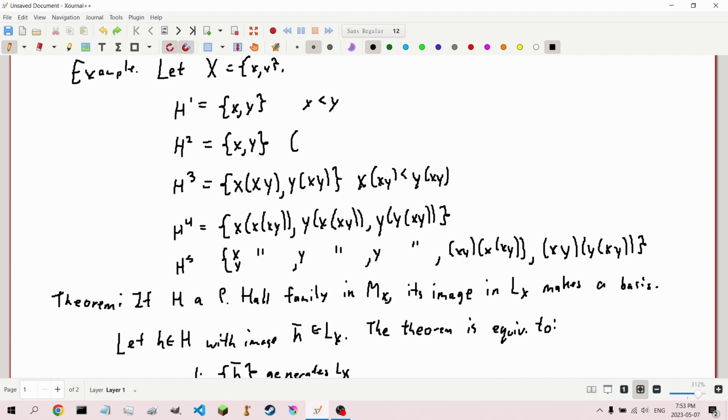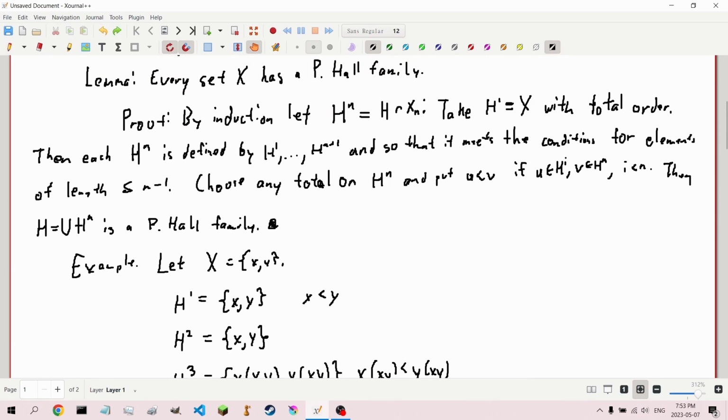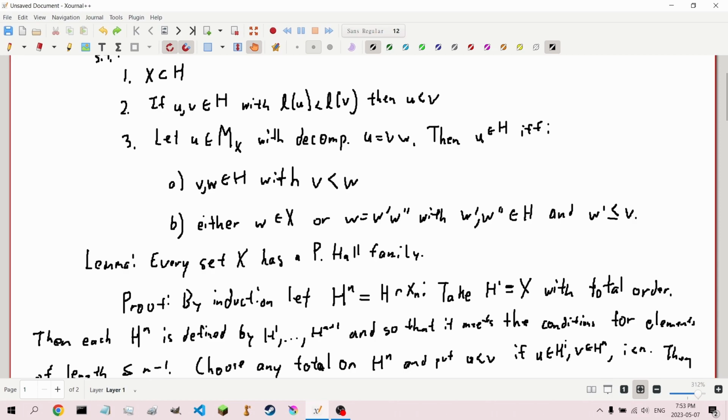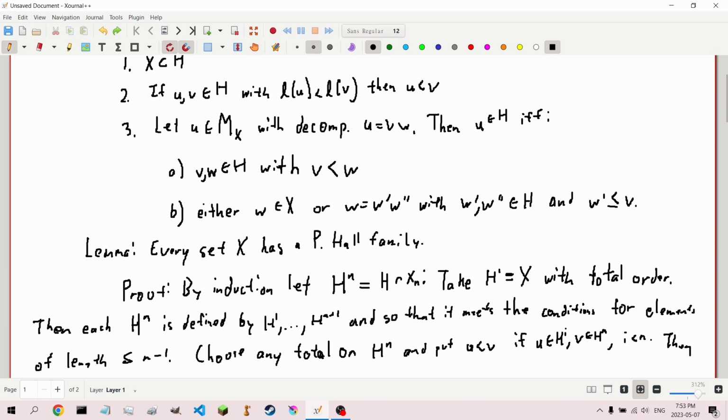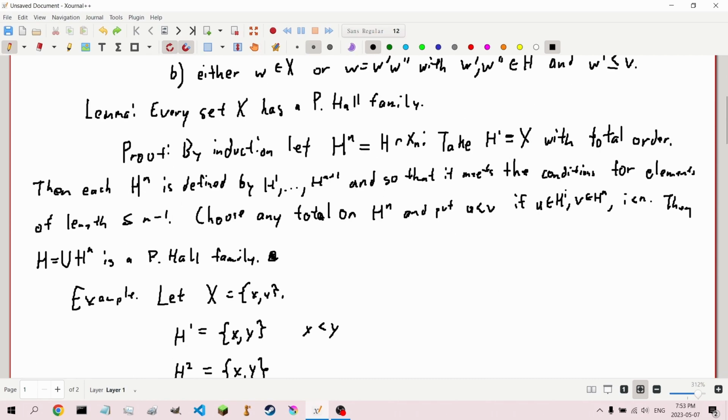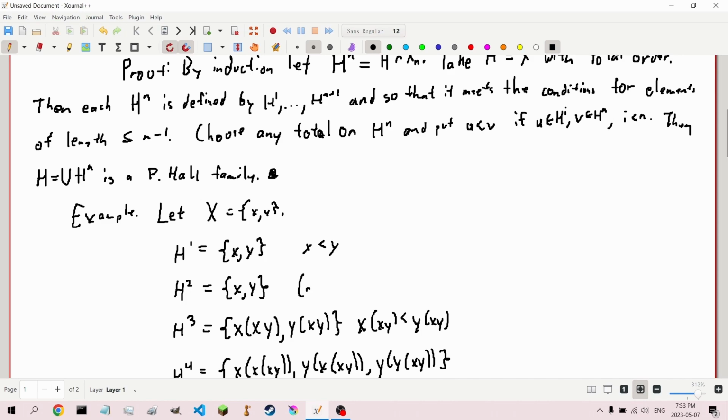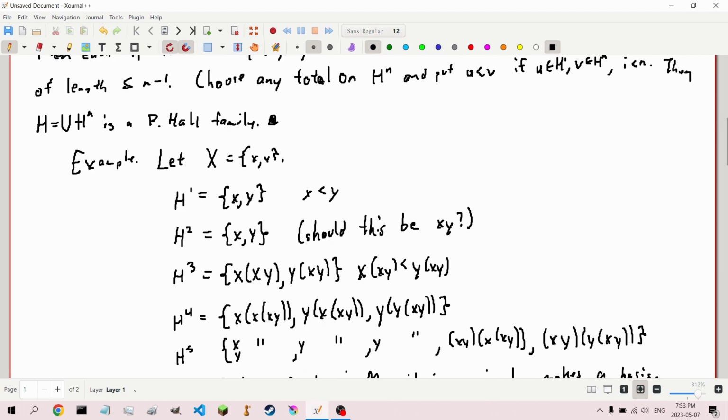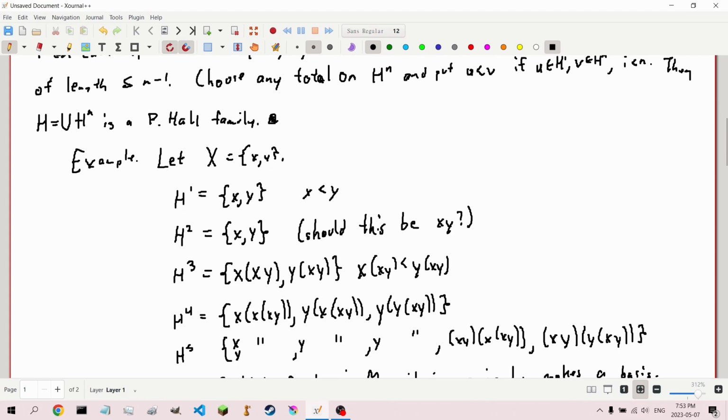I was wondering if it's supposed to be X, Y. But that would work, because X is less than Y, and Y is also going to be in X, because of 1, so yeah, that would work.